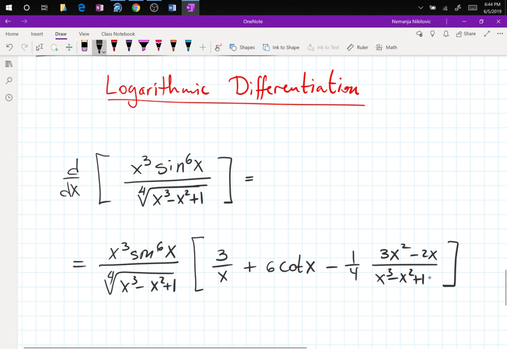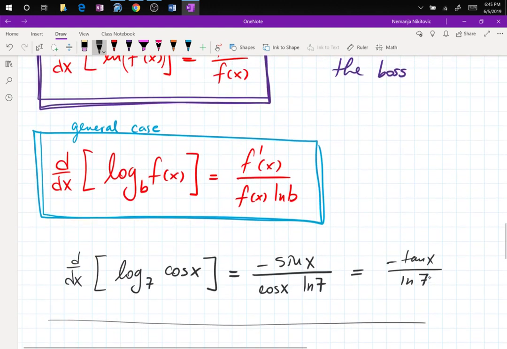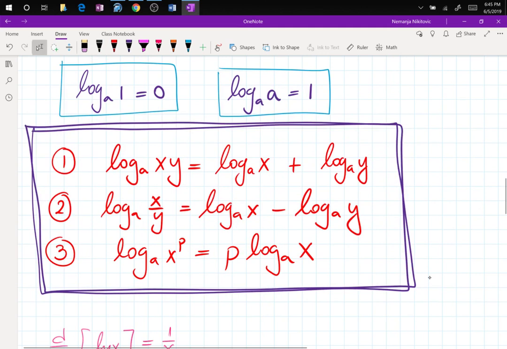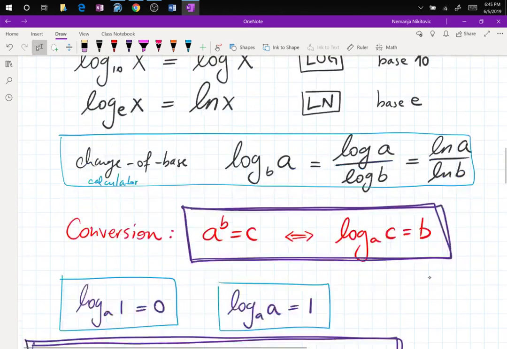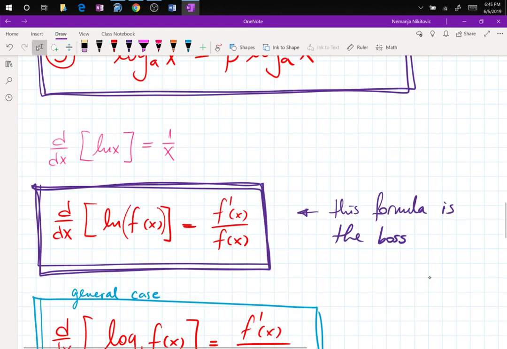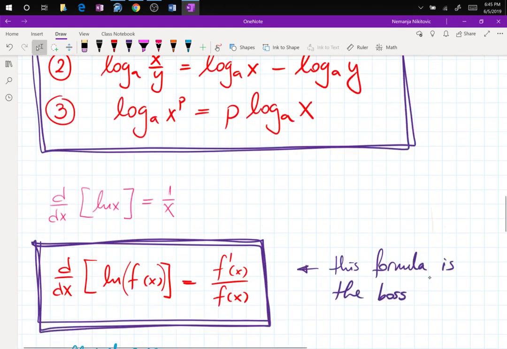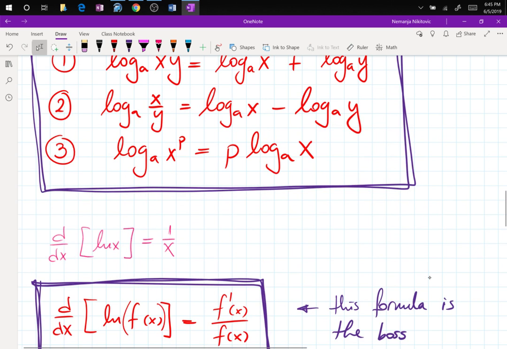Now, in the background, there is a lot of math happening, and that math depends on these red formulas, and it depends on the purple box. So the two purple boxes you see over here are all you need to transform any derivative you see into the biggest joke ever.